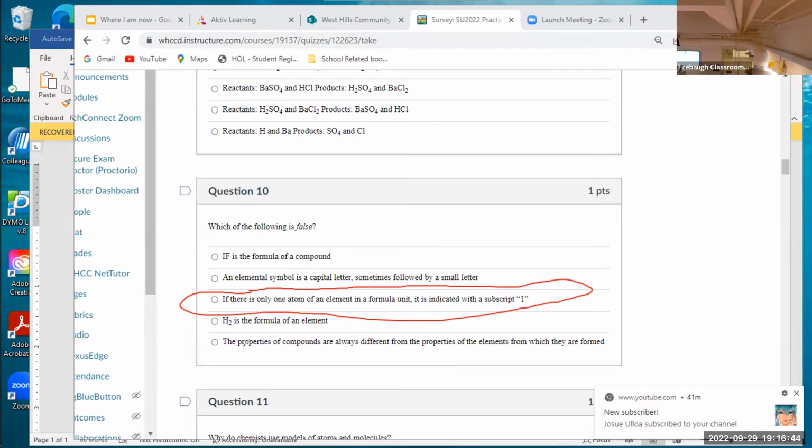Okay. And the last one says the properties of a compound are always different from the properties of the elements from which they are formed. What do you guys think?